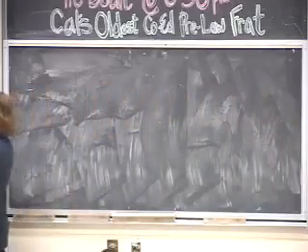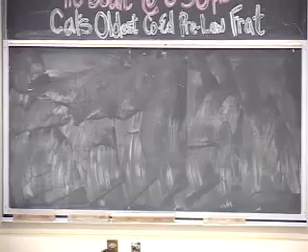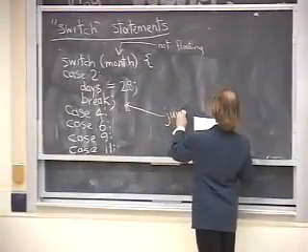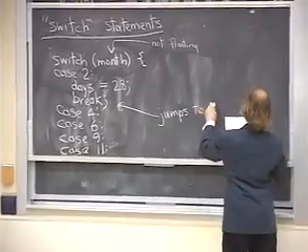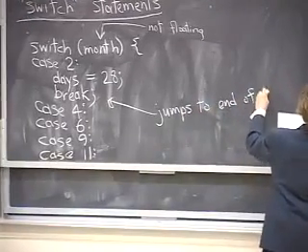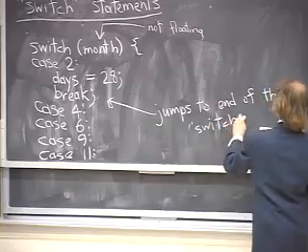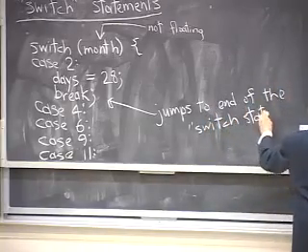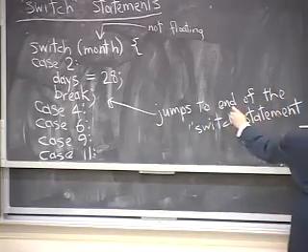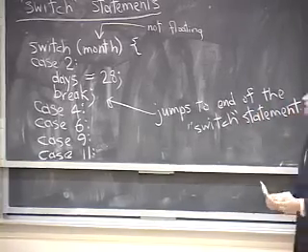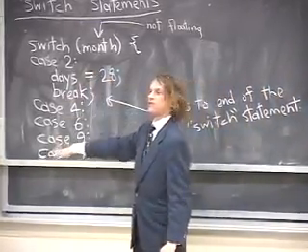So the break statements, again, let me just remind you, these jump to the end of the switch statement. If you leave out the break, the execution will flow right through to the next case.